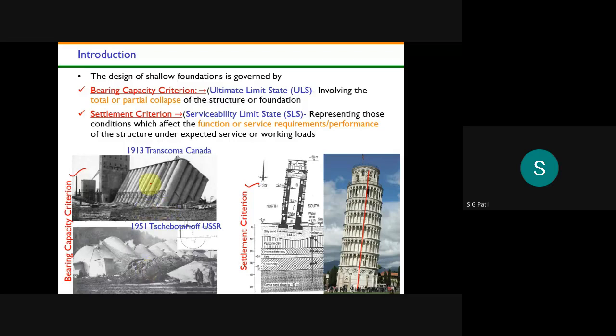These two examples are shear failure examples. At the same time, your structure should not undergo excessive settlement. This is the best example for the settlement criterion. So as a geotechnical engineer, your job is to avoid these two conditions.